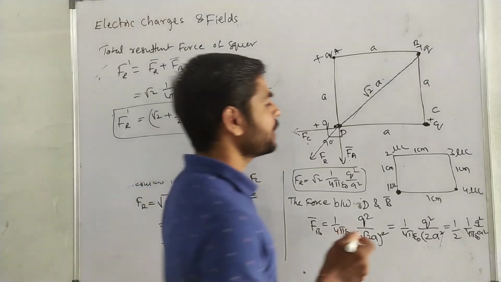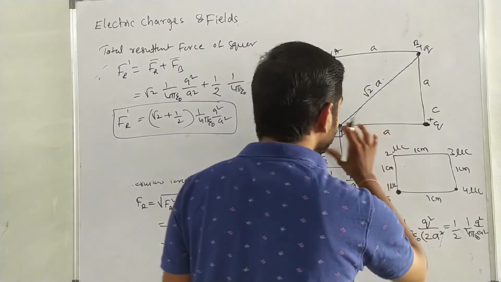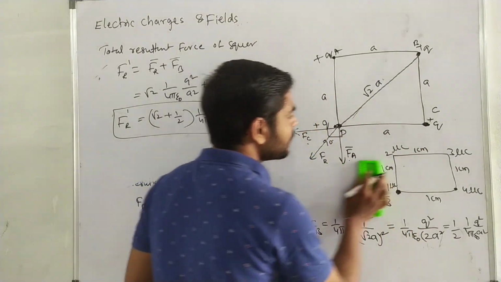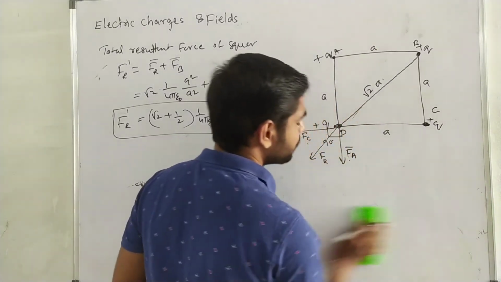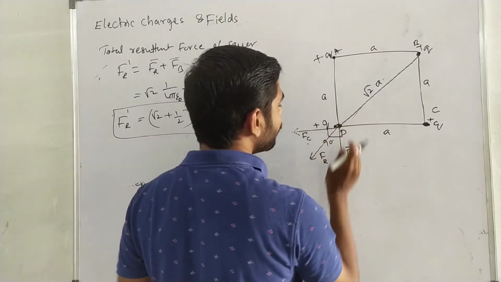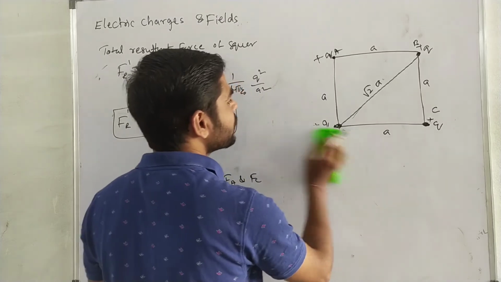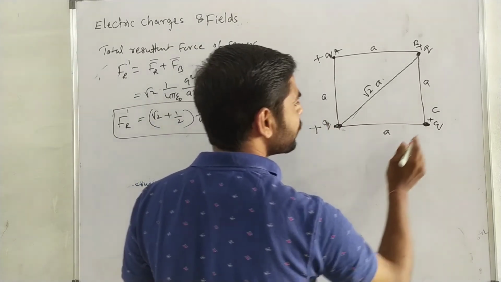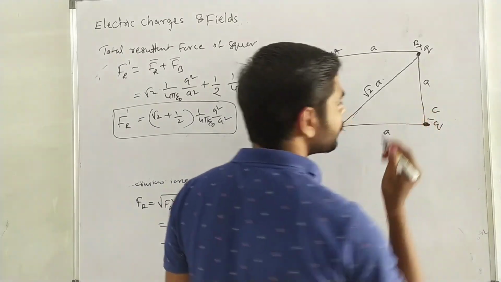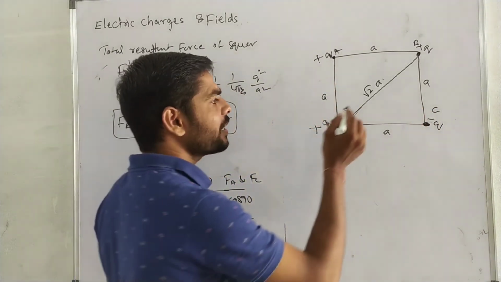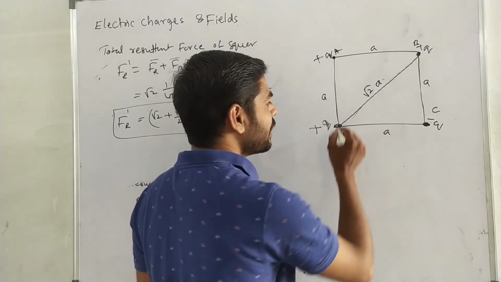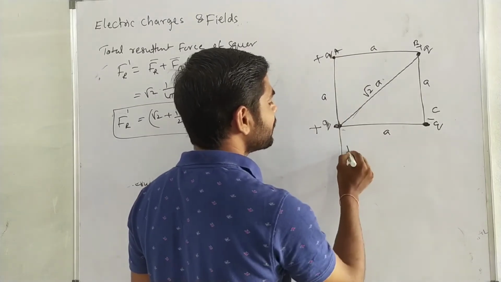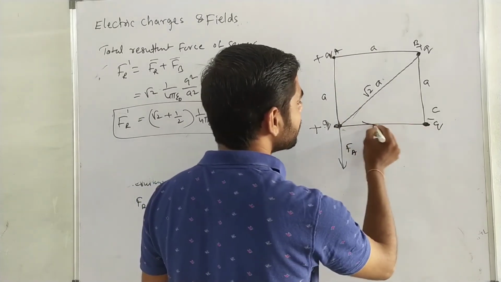Okay, next coming to the second case in this problem, which may also be asked. If it is plus q and the direction will change, of course nothing to worry about, but the direction will change. If it is plus q and this becomes minus q, find the resultant force on the charge on this one. The force of attraction between this is Fa and between this is Fc.